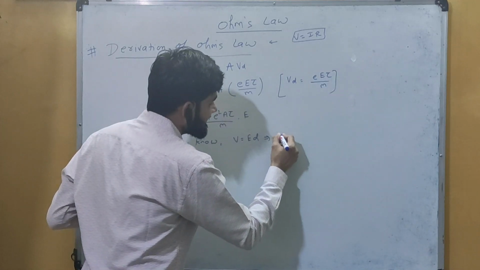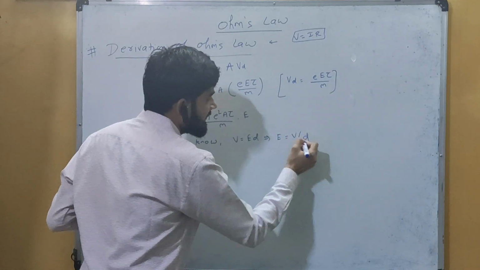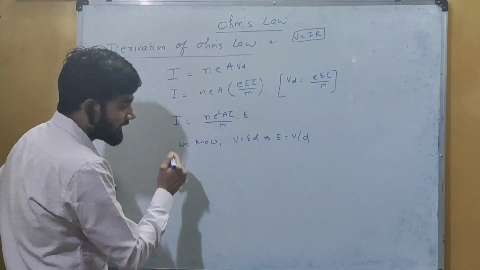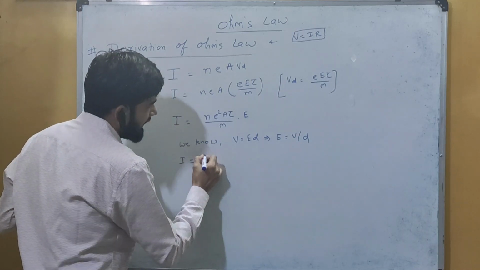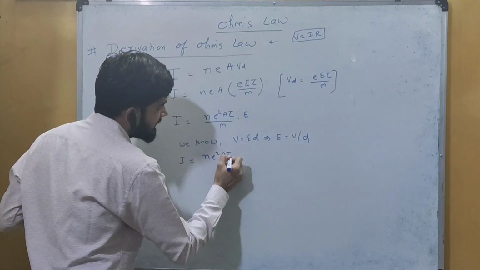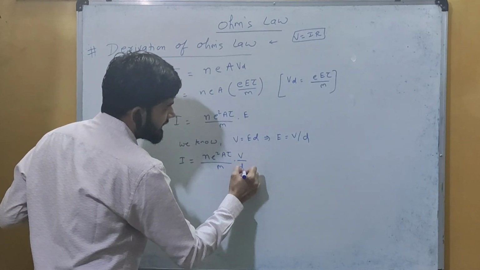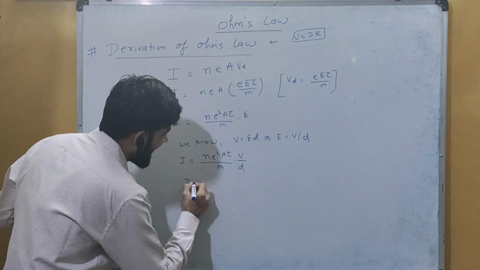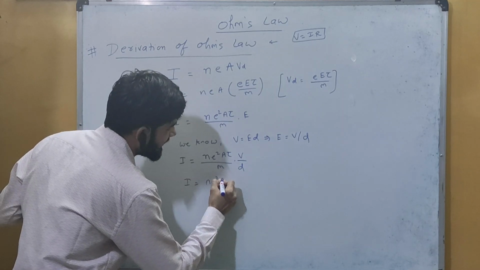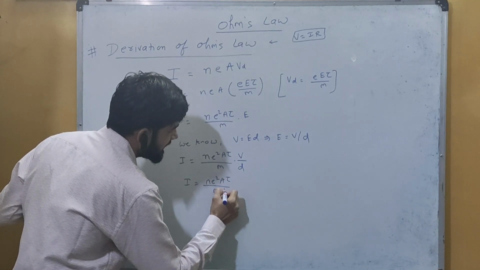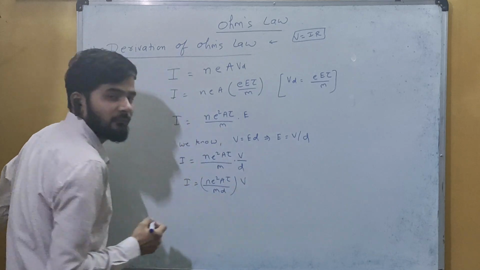So I can write E is equal to V by d. Then I is equal to N e² A τ by m, with E equal to V by d, so I is equal to N e² A τ by m d, whole multiplied with V.